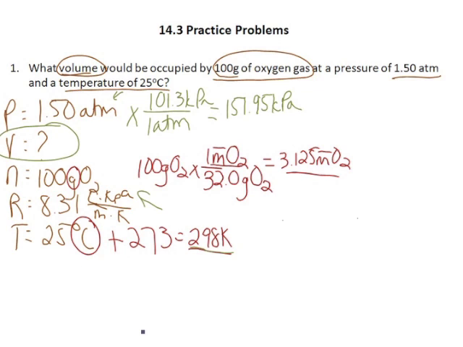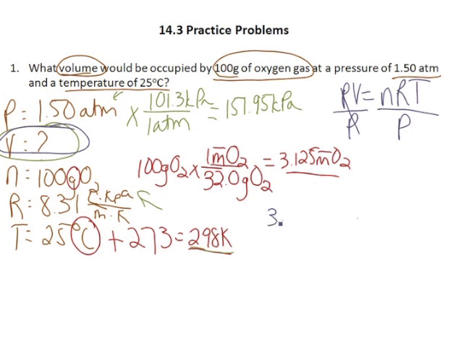Now, let's see if I can actually solve for the correct units this time. And we need volume, that's what we're missing. So, PV equals nRT. We want to solve for volume, so we divide by P, right? So now our n is 3.125 moles of O2.